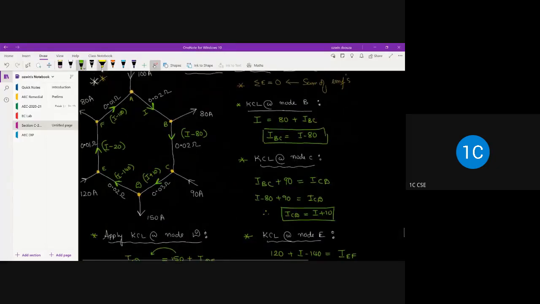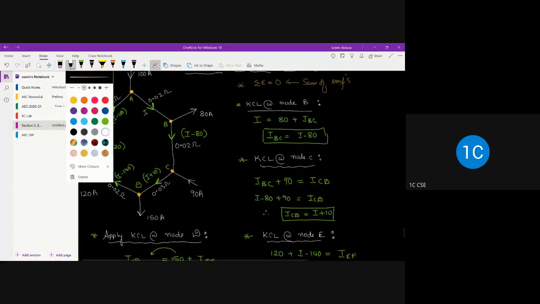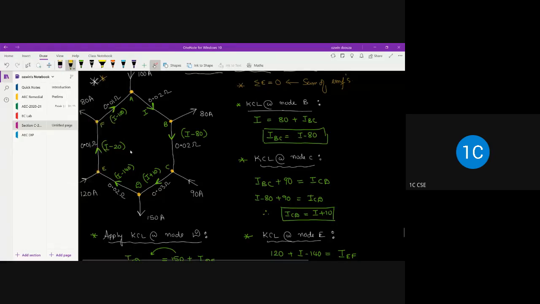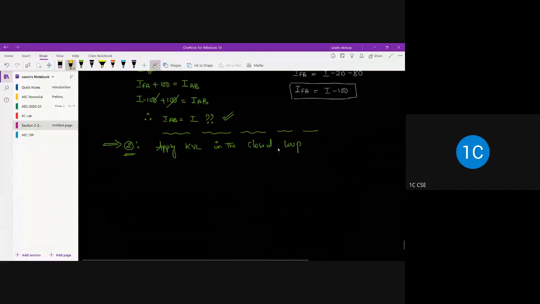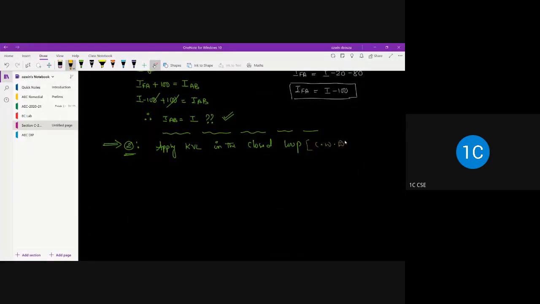In the sense, what I'm trying to tell you is that you can apply KVL in the closed loop, let's say in the clockwise direction. So in bracket, let me write, we have chosen clockwise direction. CWD stands for clockwise direction.